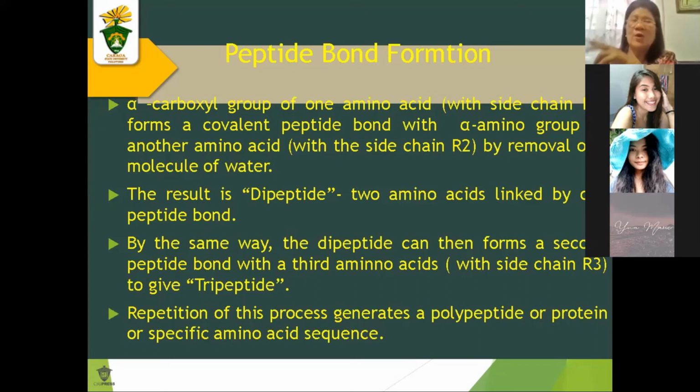So, usa ka amino acid with another amino acid, if you are going to link it, it is known as what? It will form a peptide bond that is two amino acids. Ang tawag ana is dipeptide. Pero sa usa ka dipeptide, pila ka amino acid, pila ka peptide bond?